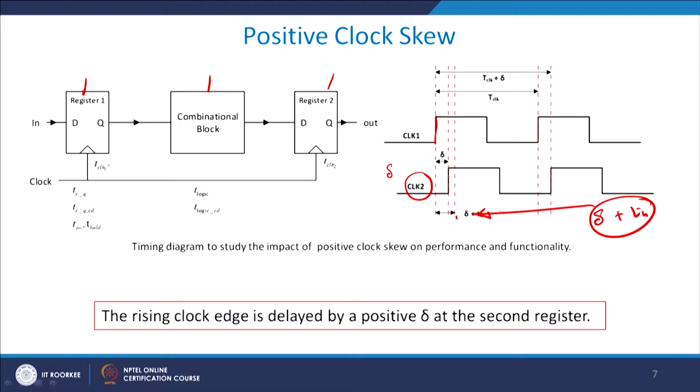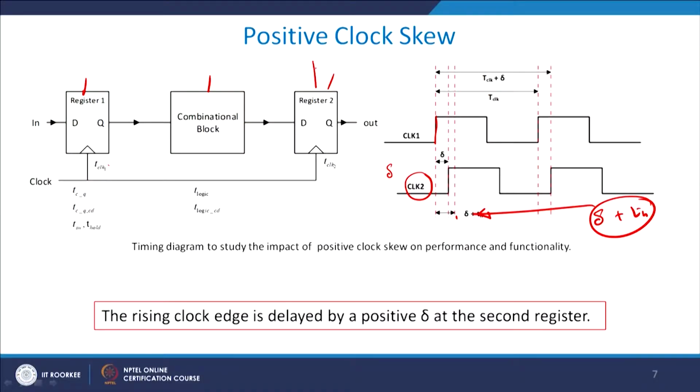Now, register 1, the combinational logic block's job is to accept the data, do some logical operation on it, and then send the data to register number 2. Till this happens, register number 2 is sitting idle. The combinational logic block accepts the data from register 1, processes it, and gives it to register 2. Register 2 manipulates it within a short period of time and sends it to the output.